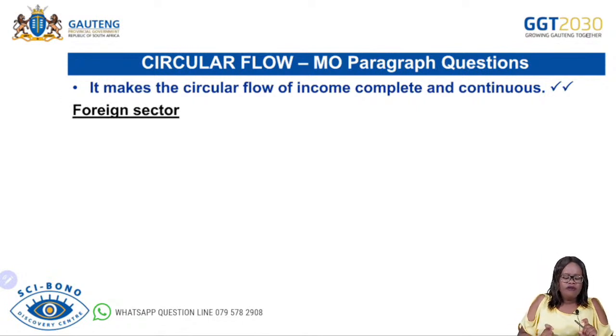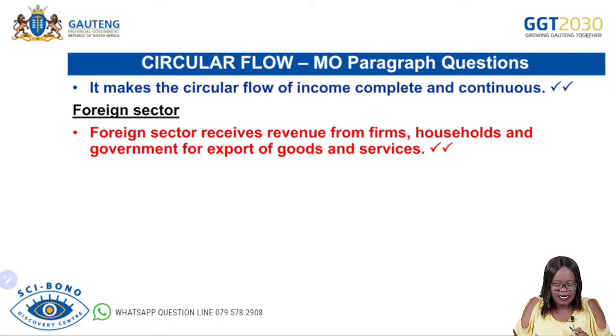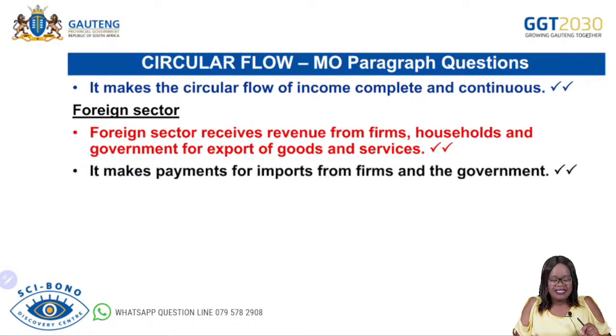Now, moving on to the foreign sector, in the very same question, we are going to refer to the fact that the foreign sector is going to receive revenue from firms, from households, as well as government, for the export of goods and services.